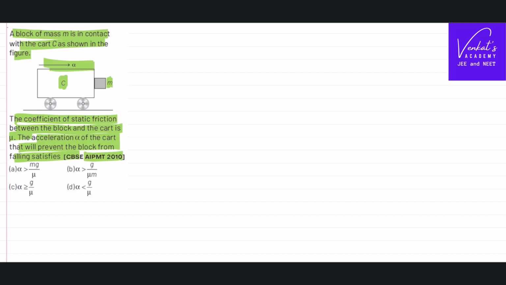That's the question, right? Let me redraw a diagram for you to understand what he is saying. There is a cart C having some acceleration. To that vertical wall, a block of mass M is attached.